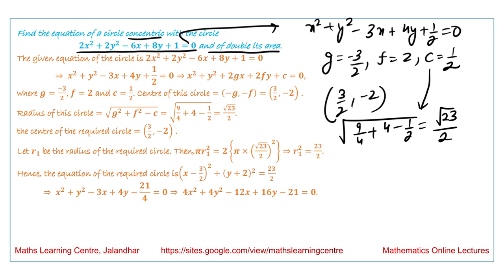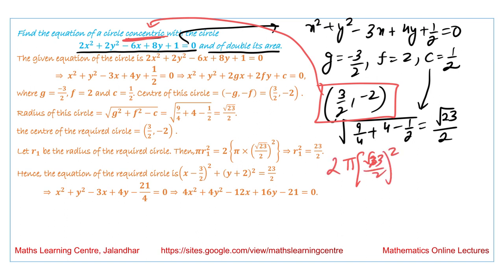Now we are talking about the circle which is concentric with the given circle. It means the center lies on 3 by 2 comma minus 2, and the area is double. The area of this circle is pi r square. We are talking about the double of this area, so it becomes 2 pi r square.